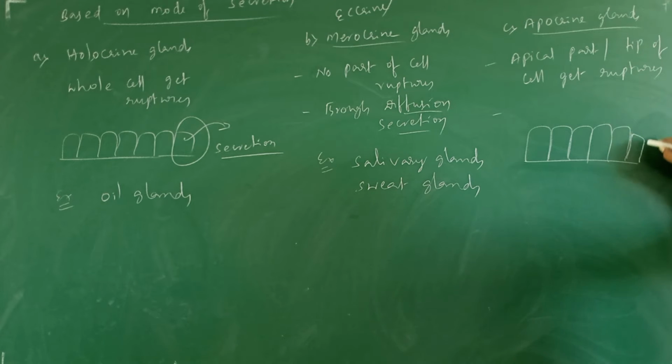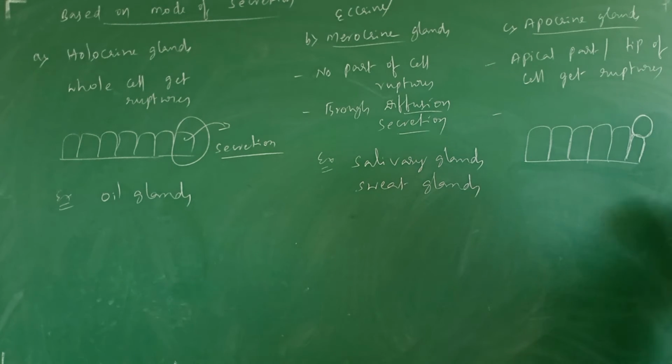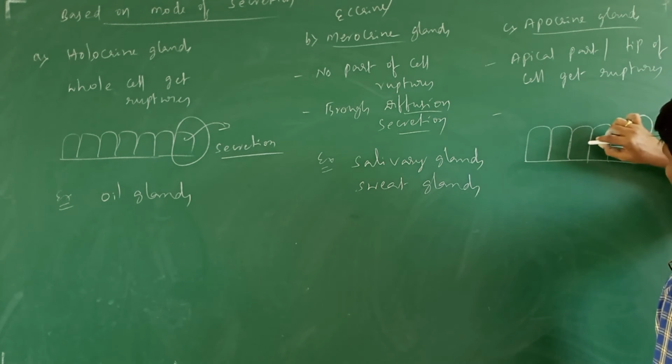So this is the cell, and the apical part of the cell is going to rupture. This half portion of the cell ruptures.